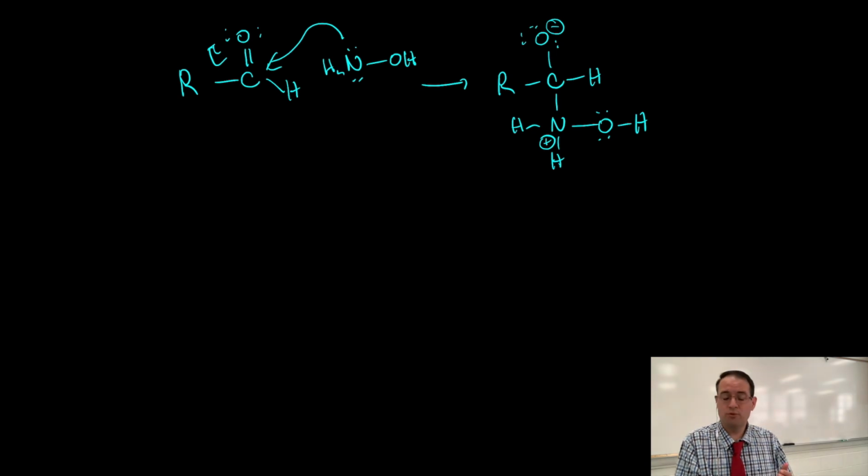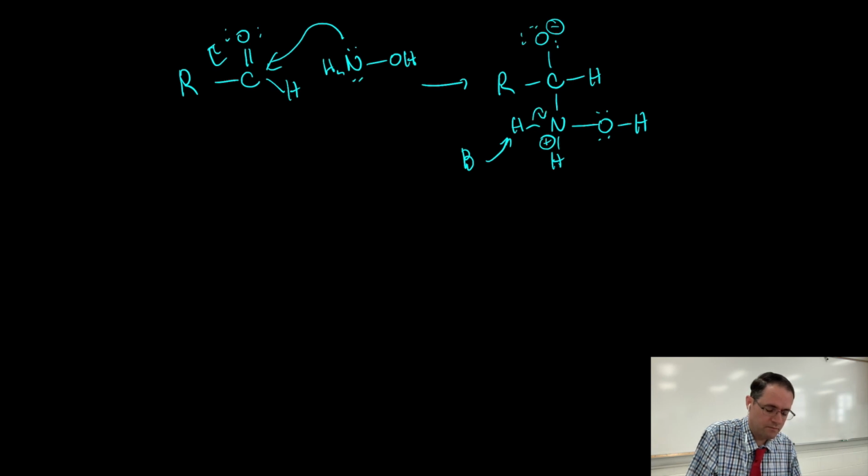Okay, those are all my lone pairs. And now we need to do a series of proton transfers. So it depends on what the solvent is. It might be water or methanol or alcohol or something. But I'll just use something that I'm labeling as a base, okay, to deprotonate here.